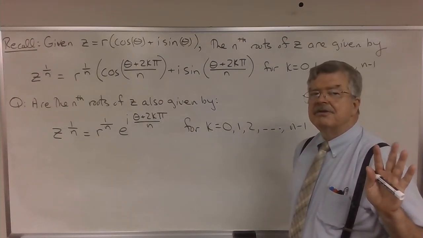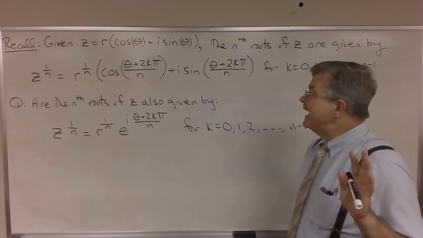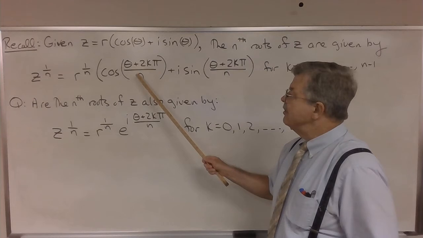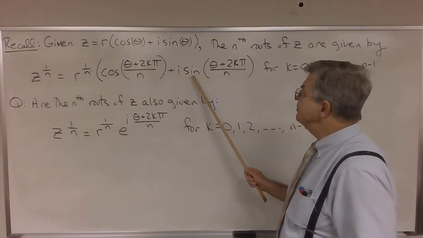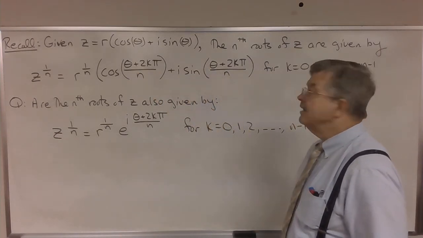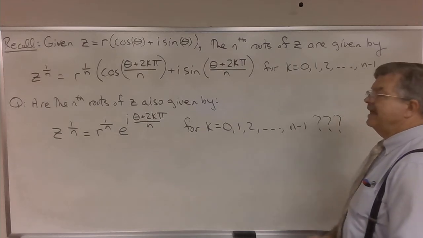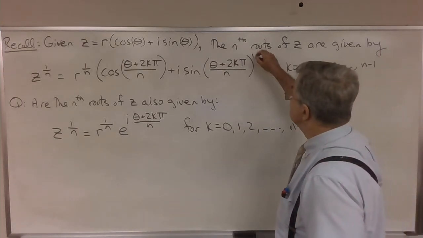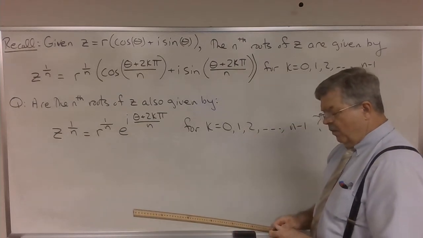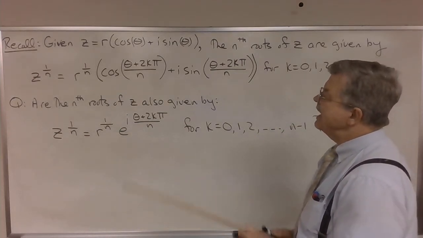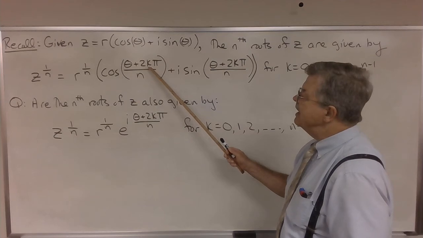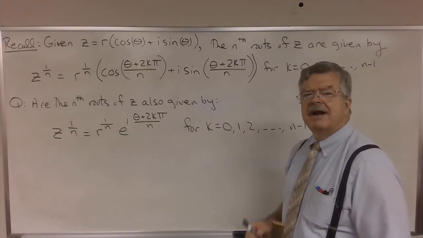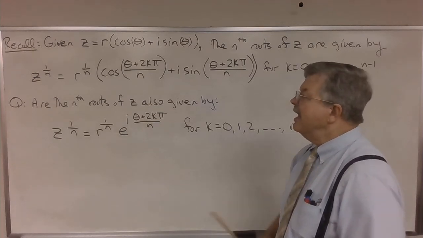Remember we showed just a minute ago that r to the 1 over n cosine of theta over n plus i sine theta over n was an nth root of z. What we're showing now is that if we add this 2k pi to the numerator, we get the entire set of nth roots.